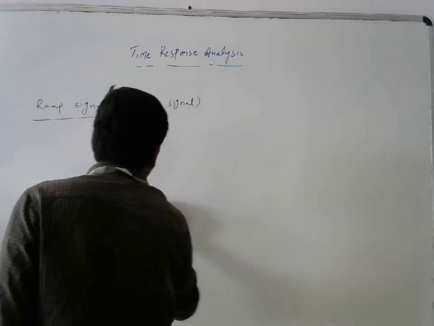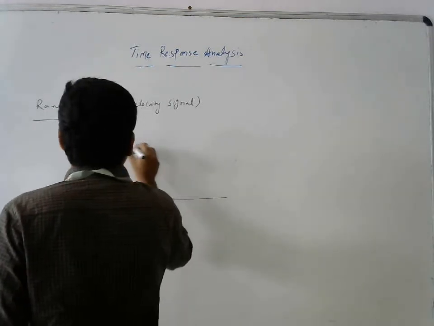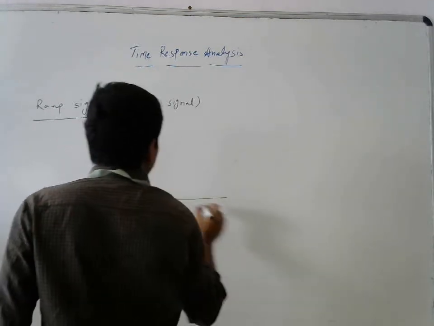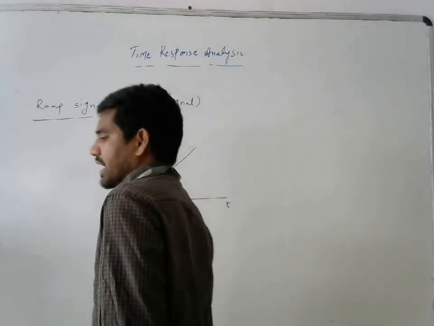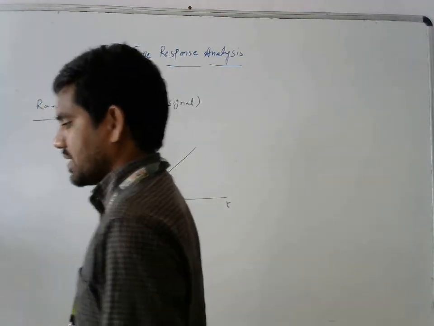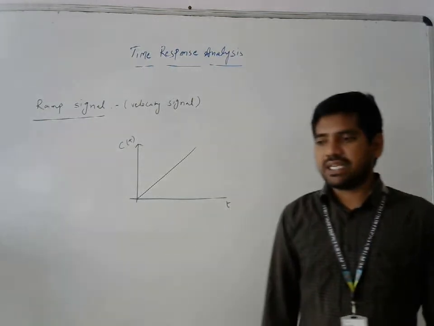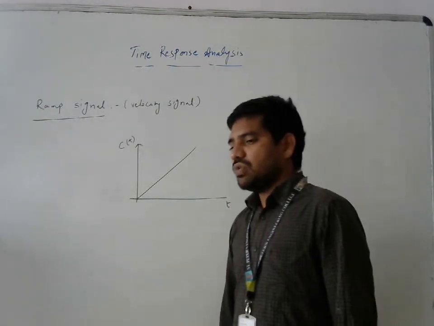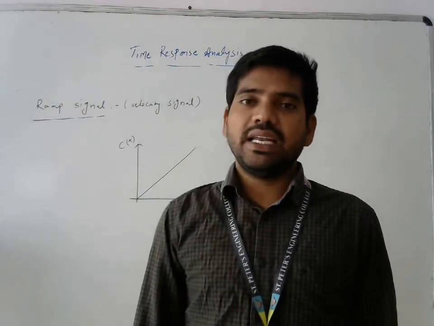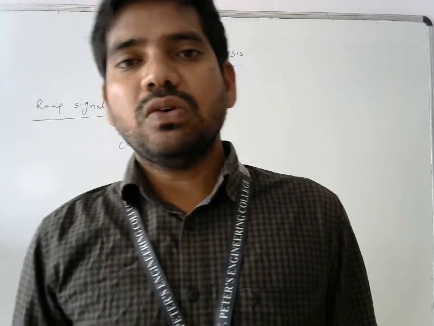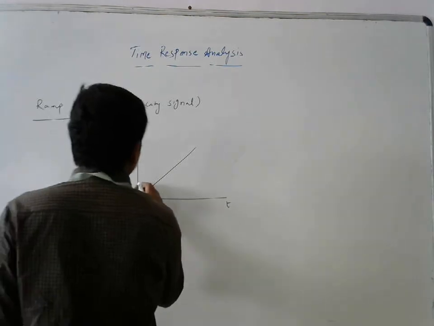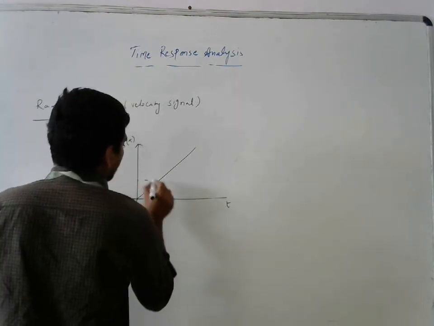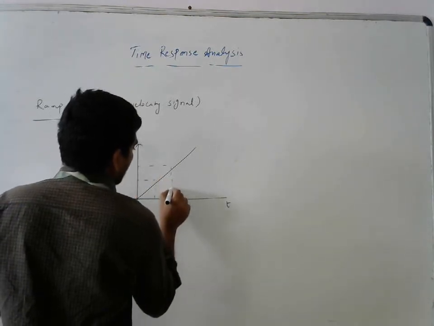The graph for this is c of t versus time t. Linearly it will vary. The ramp signal is a signal whose value varies linearly with respect to time t.